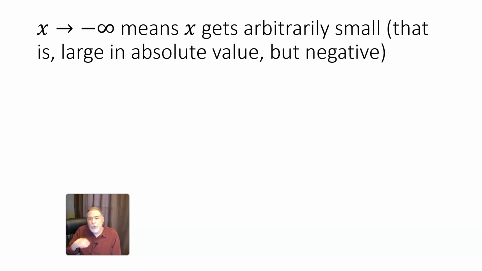So x approaching negative infinity, think about numbers like negative 1,000, negative 1,000,000, negative 1,000,000,000, negative some really, really huge number in absolute value, but negative. So we're going away off to the left on the number line.